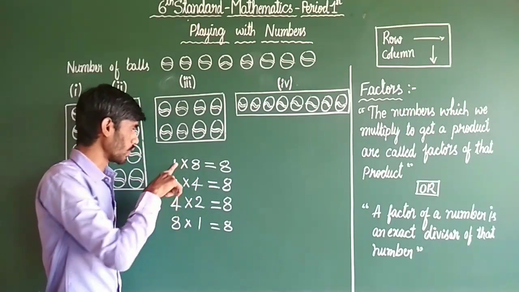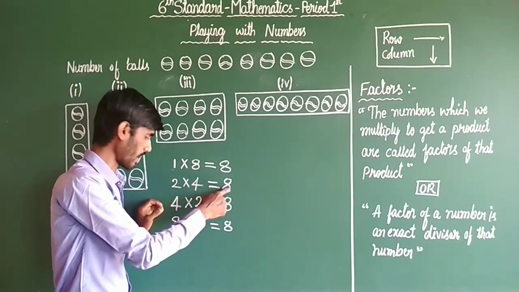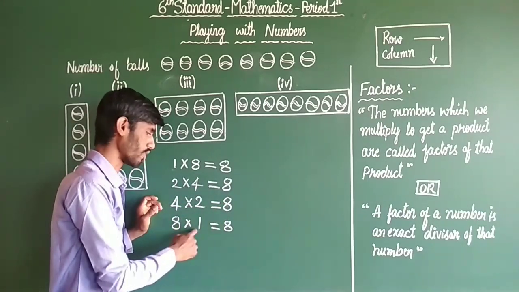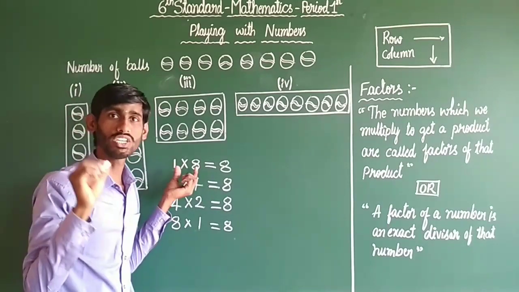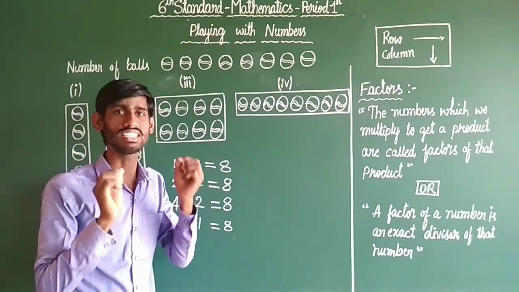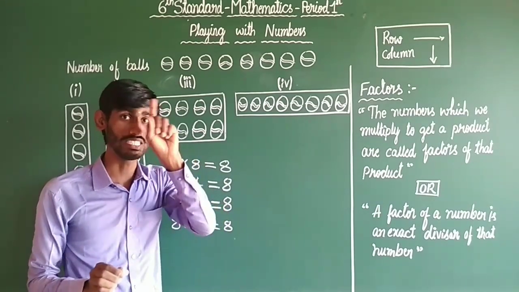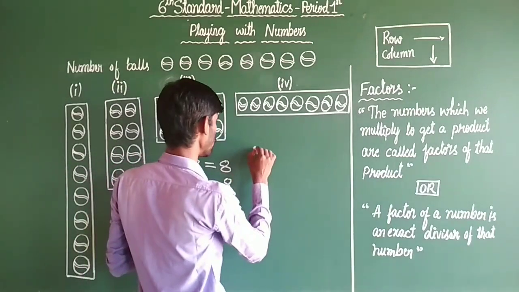Observe, Chotu. 1 into 8 is 8. 2 into 4 is 8. 4 into 2 is 8. 8 into 1 is 8. See, 1 and 2 are exact divisors of 8. An exact divisor is nothing but the remainder is 0. 2 and 4 are exact divisors.